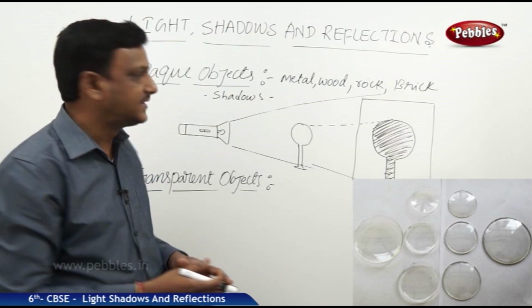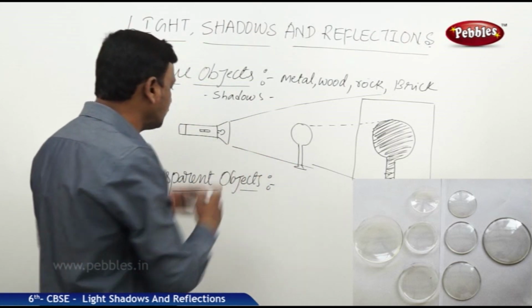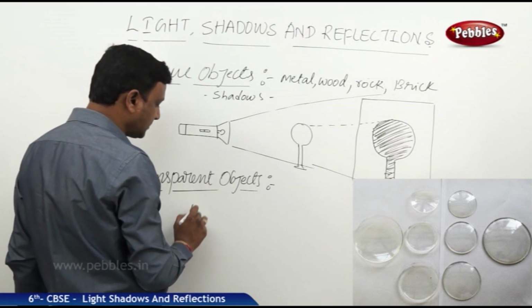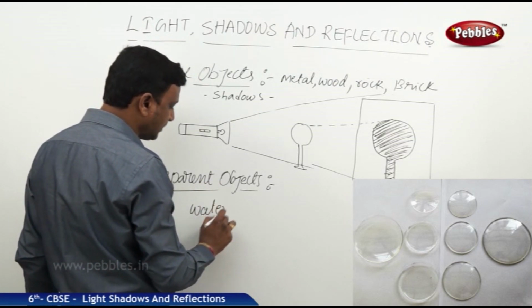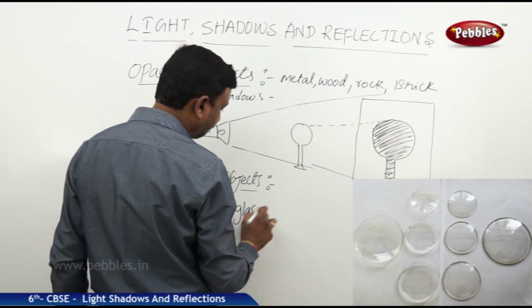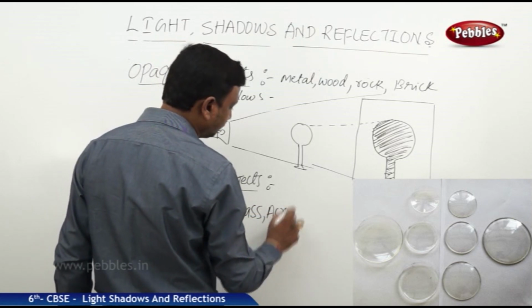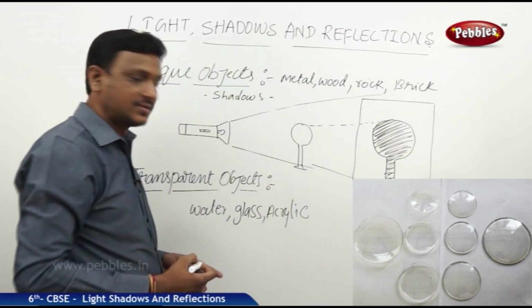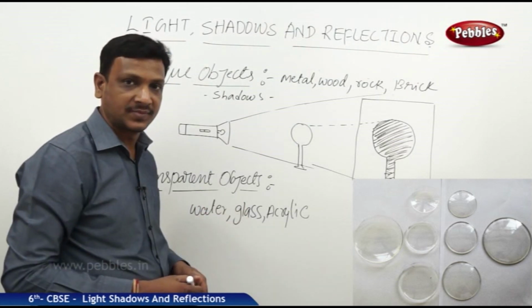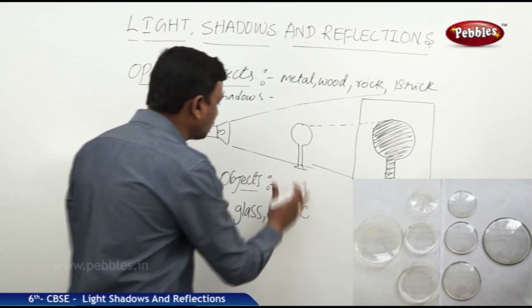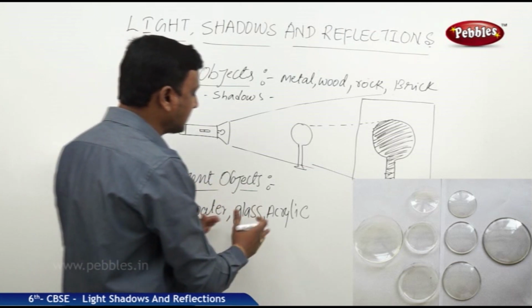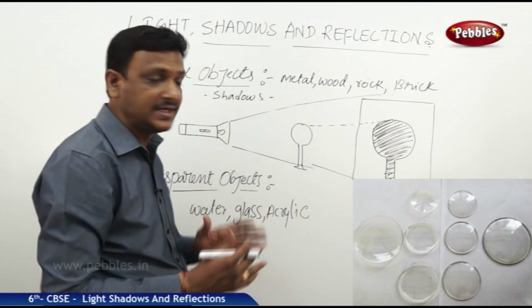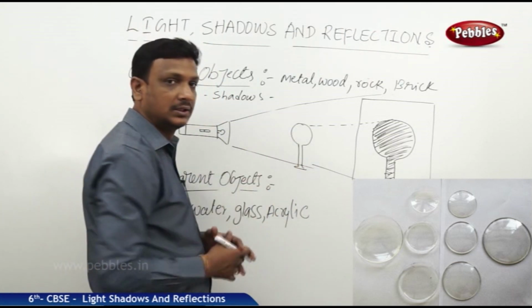Okay. Instead of an opaque object, if you keep a translucent object, what are the translucent objects? Water is translucent, glass, acrylic. These are the transparent objects, right? So if you keep the transparent object, either the water or glass or acrylic, and put it here, what happens?